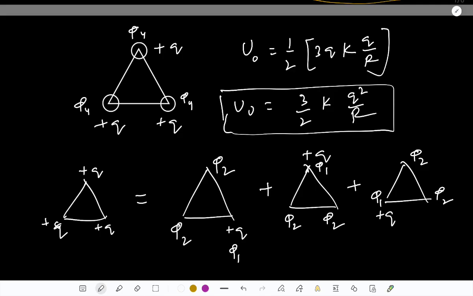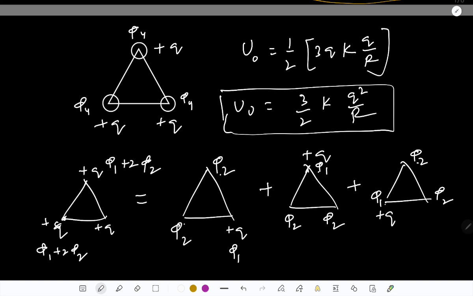And in each case, you will find that the potential at this position is phi 2 plus phi 1 plus phi 2. That means potential here is phi 1 plus 2 phi 2. And in this case also, potential is phi 2 plus phi 2 plus phi 1, that is phi 1 plus 2 phi 2. That means our phi 4 is simply phi 1 plus 2 phi 2.